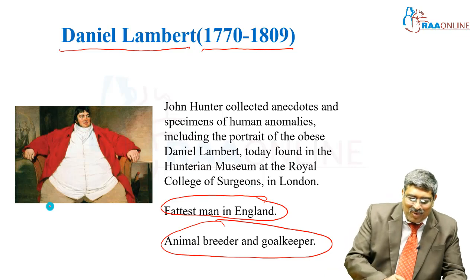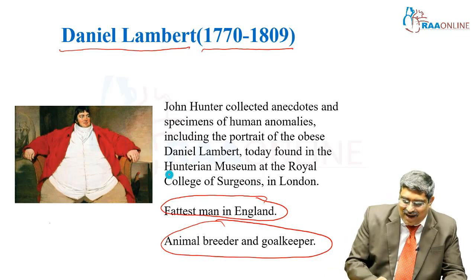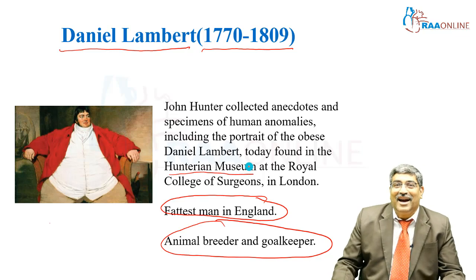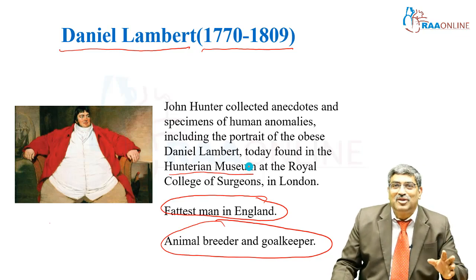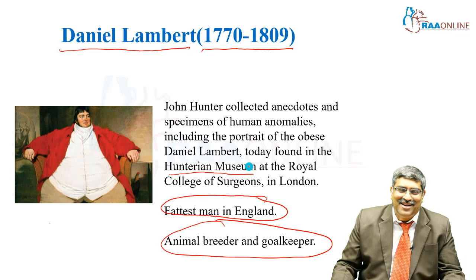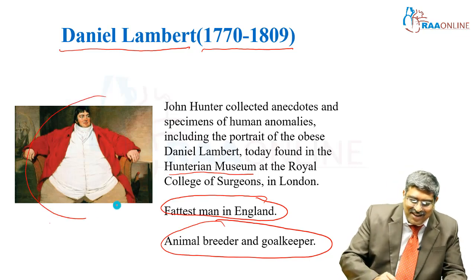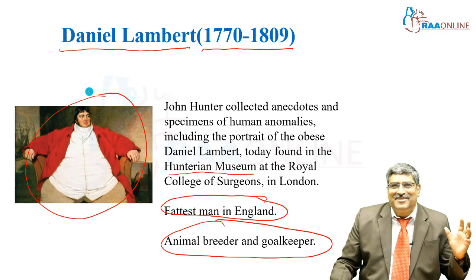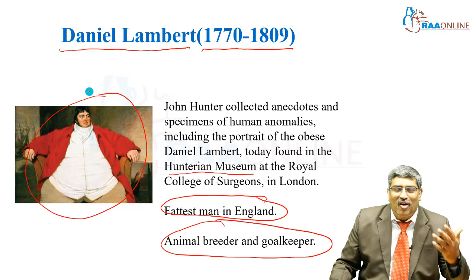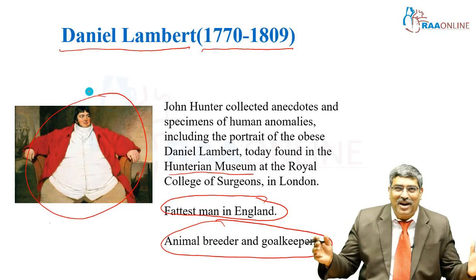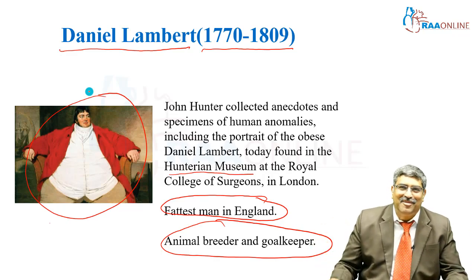His portrait was kept in the Ontario Museum as one of the gross human anomalies. But what did this guy do? He used this obesity as a hallmark for getting money. He used to go to a lot of places and display his human anomaly and gain money.